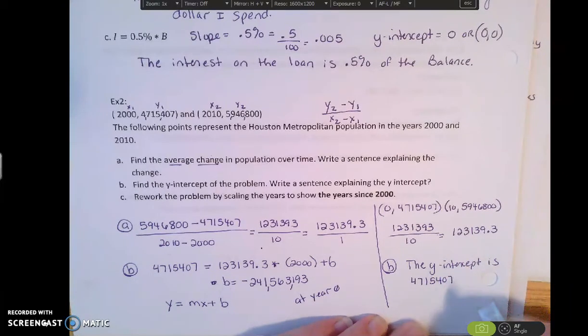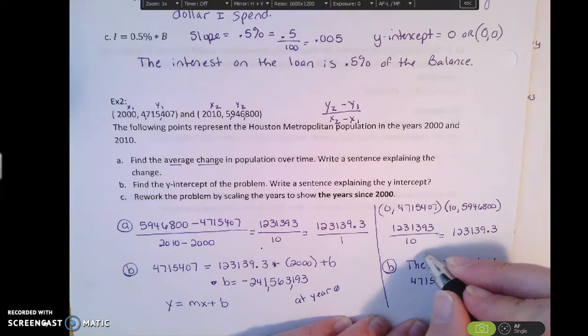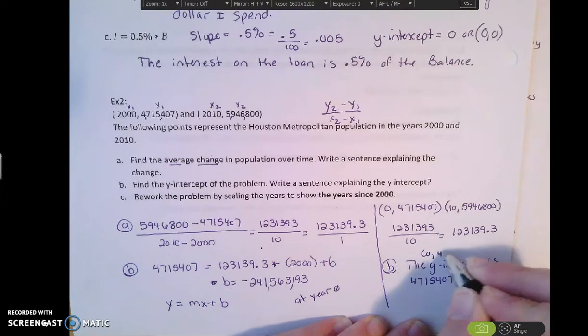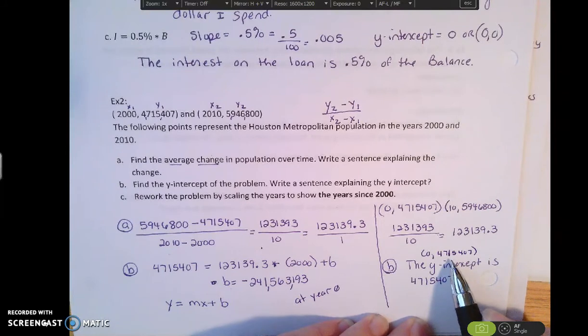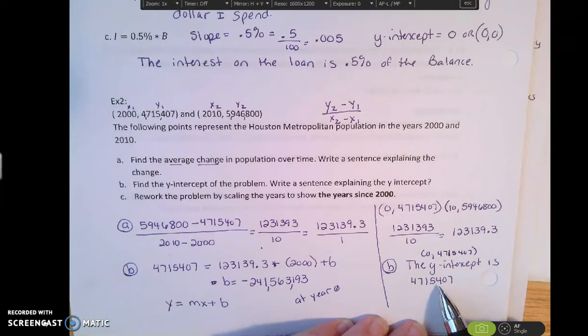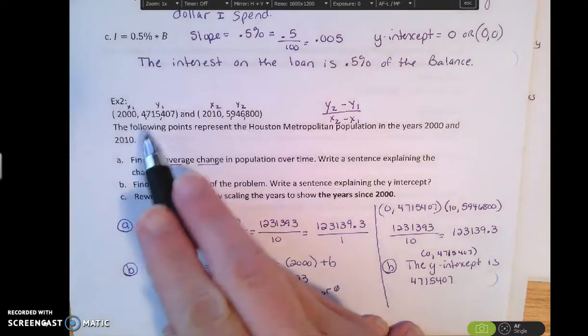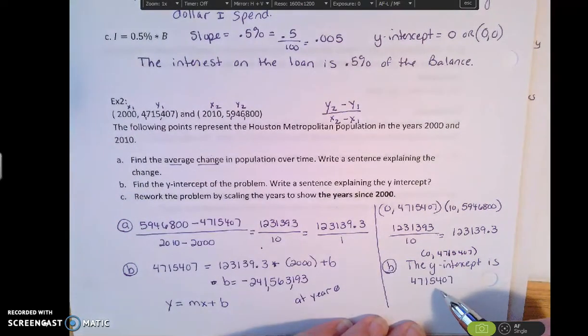But now our y-intercept is the point (0, 4,715,407). So that's our starting value now. That's our y-intercept. So this makes more sense, because that's talking about the year 2000 being our starting population.